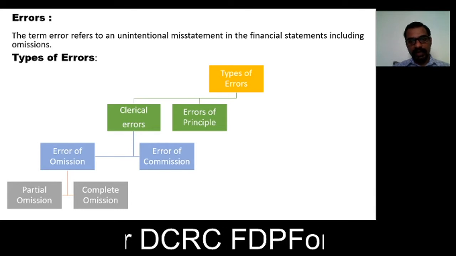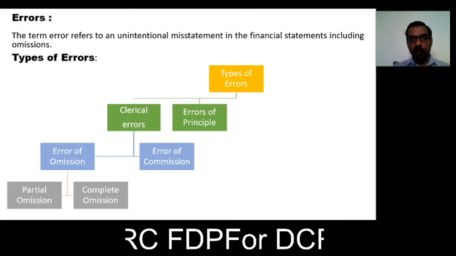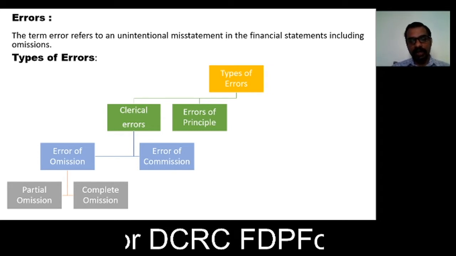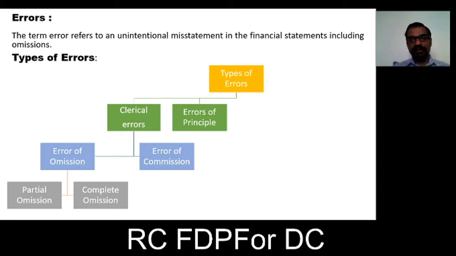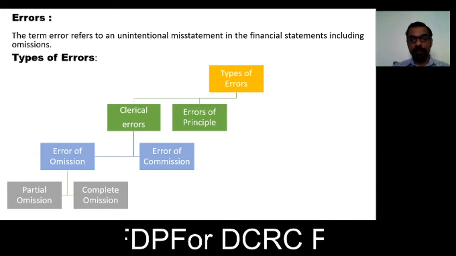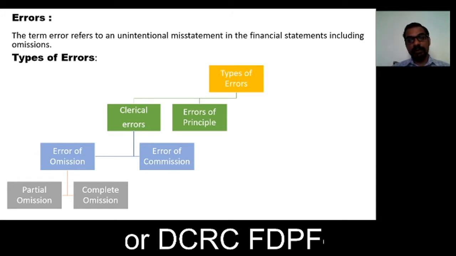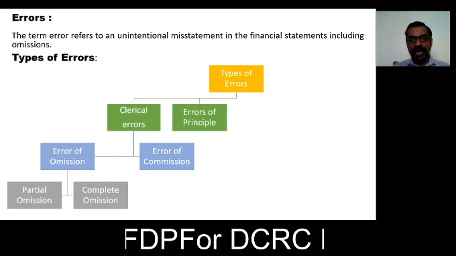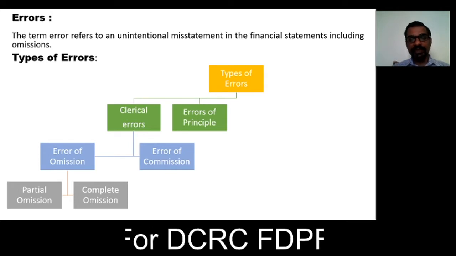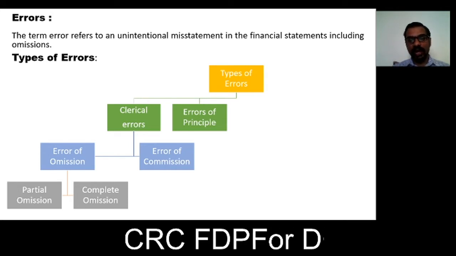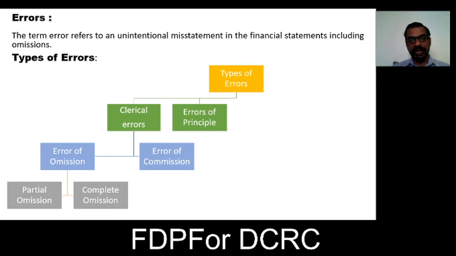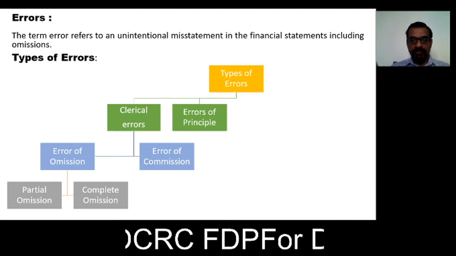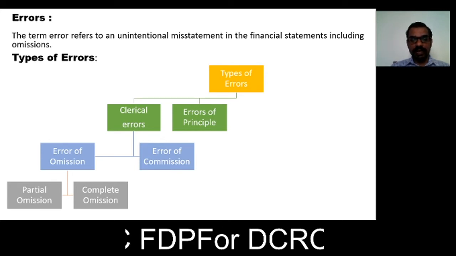But when these rules are not followed while maintaining the books of accounts, and if any kind of error occurs, at that time that error is called the error of principle. So the error of principle arises due to not following the generally accepted accounting principles as well as the fundamentals of accounting. Therefore, such kinds of errors are called errors of principle, which is the second major type of the error.